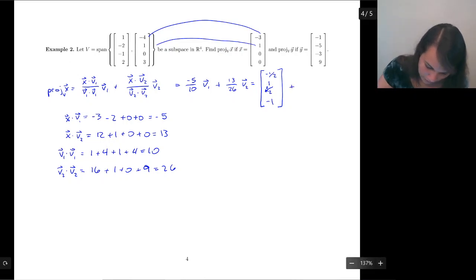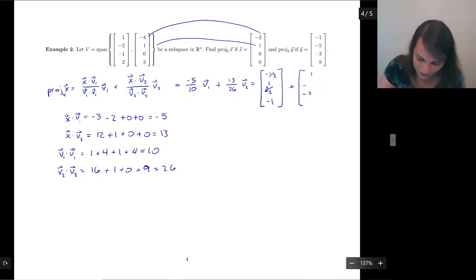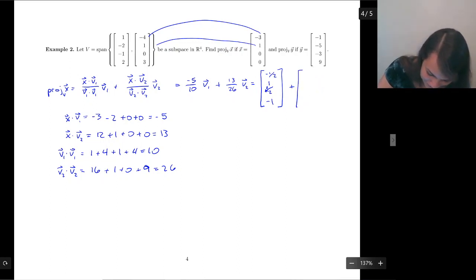And then plus, let me get our last vector. It's going to be negative half, negative 5 halves, negative 3 halves. No, oh, that's y. That's not v2. I'm sorry. All right, v2. That's the negative 4 vector.